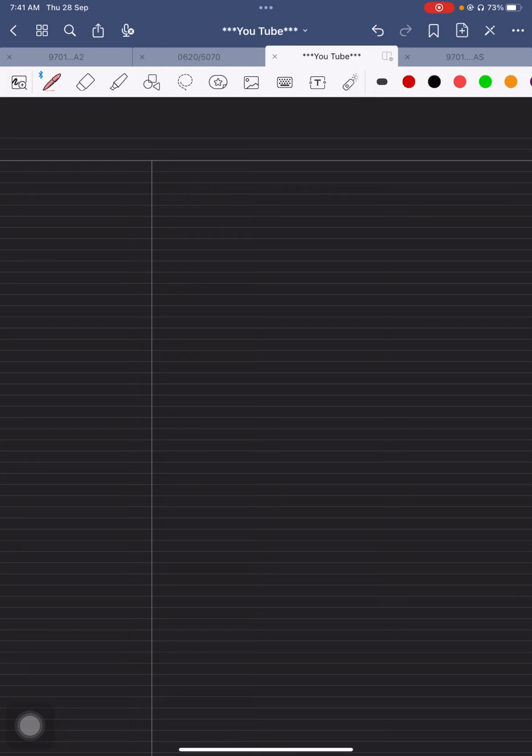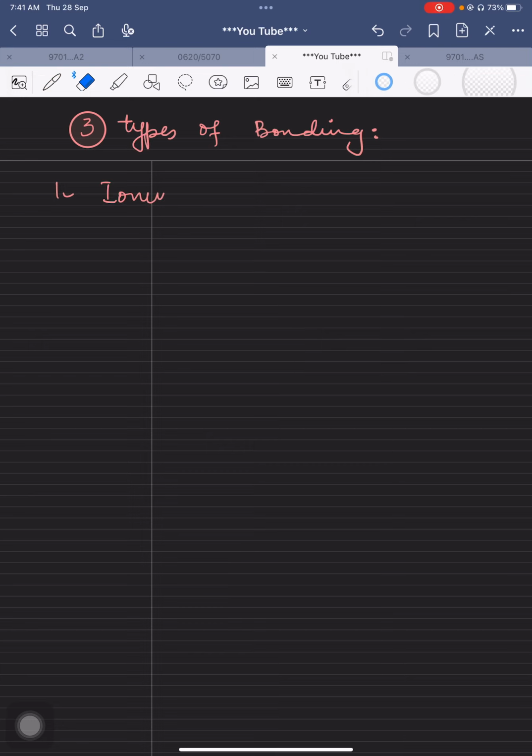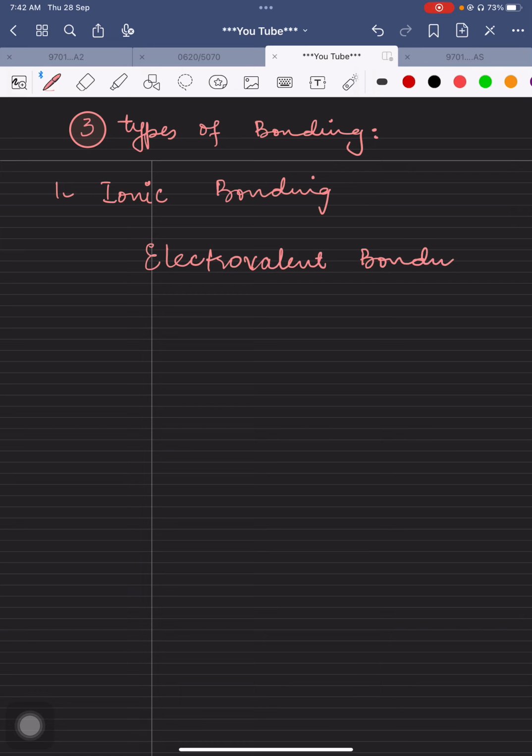Okay. So right now, before moving ahead, I would like to tell you that there are three types of bonding. Number one is ionic bonding, which is also called electrovalent bonding.